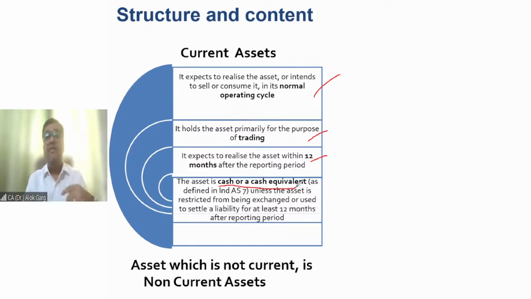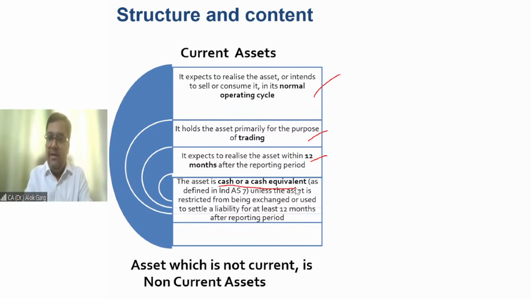So friends, there is a huge risk of change in value, number one. Number two, the company is not able to be aware that if the company has invested 1,500 rupees, whether the company will be able to get 150 rupees or 3,000 rupees. The company is not able to understand that. So this investment in shares is not a cash and cash equivalent.